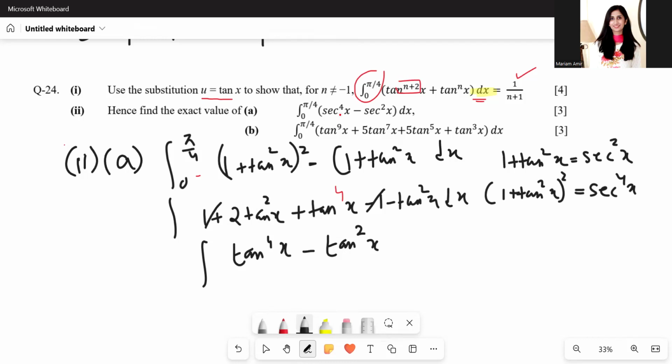Sorry, this was also tan square x. That was confusing me. So now we get tan power 4 x plus tan square x. Now it makes a lot of sense. I was getting this wrong.